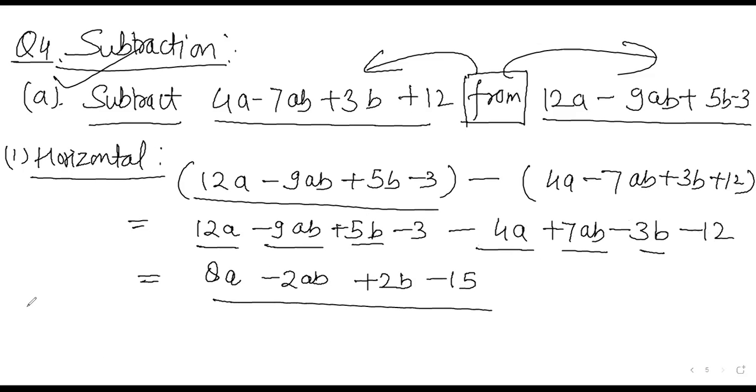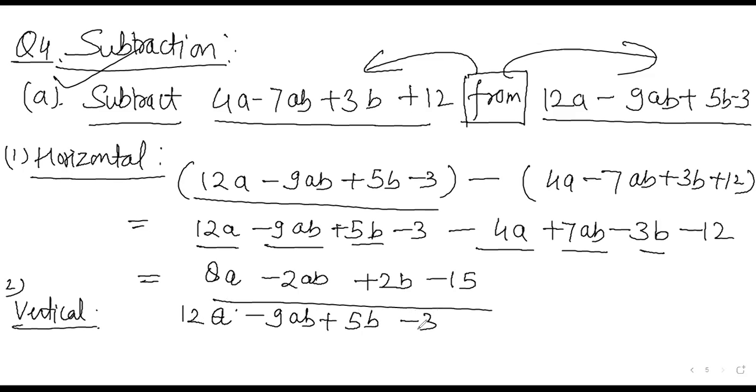Now, if you are trying to solve this vertically, look at the vertical method. Write down the expression which is written first: 12a minus 9ab plus 5b minus 3.